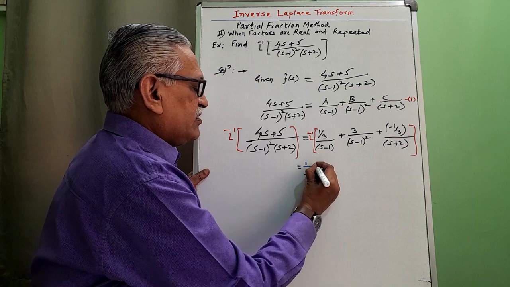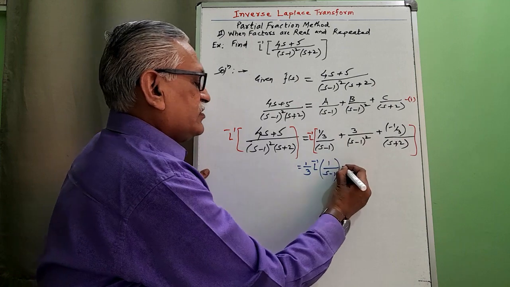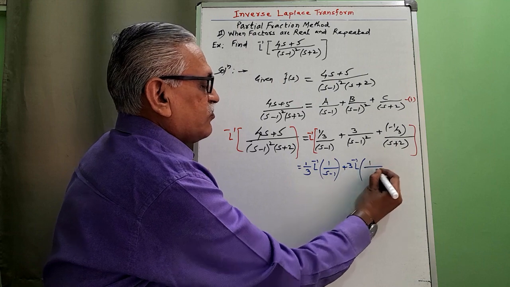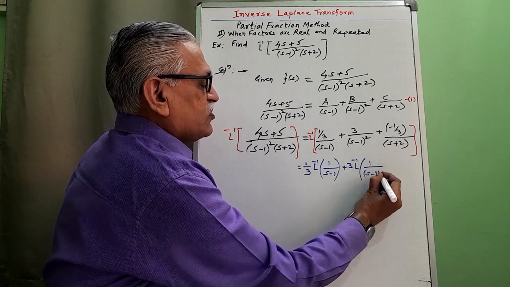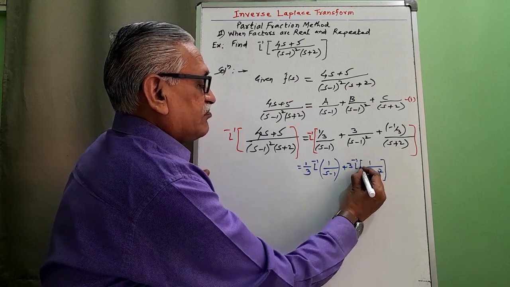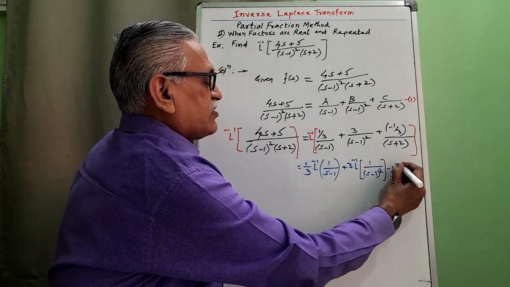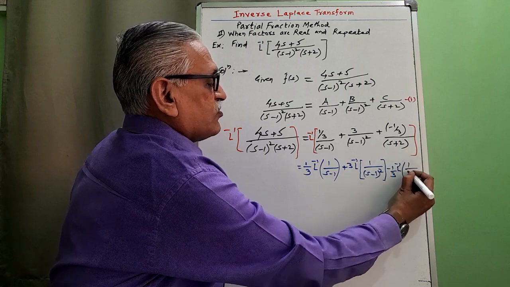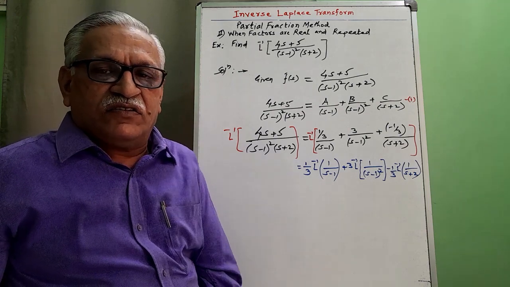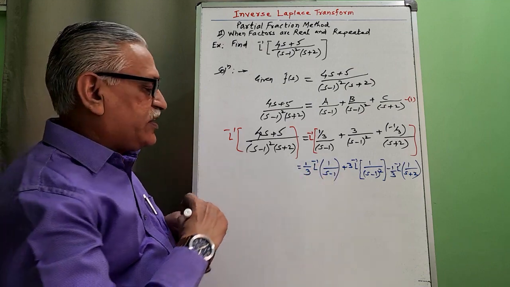Therefore, 1 by 3 inverse Laplace of 1 upon s minus 1, then 3 times inverse Laplace of 1 upon s minus 1 whole square, and minus 1 by 3 inverse Laplace of 1 upon s plus 2. And then applying standard results of inverse Laplace transform. Inverse of 1 upon s minus a is e raised to at.